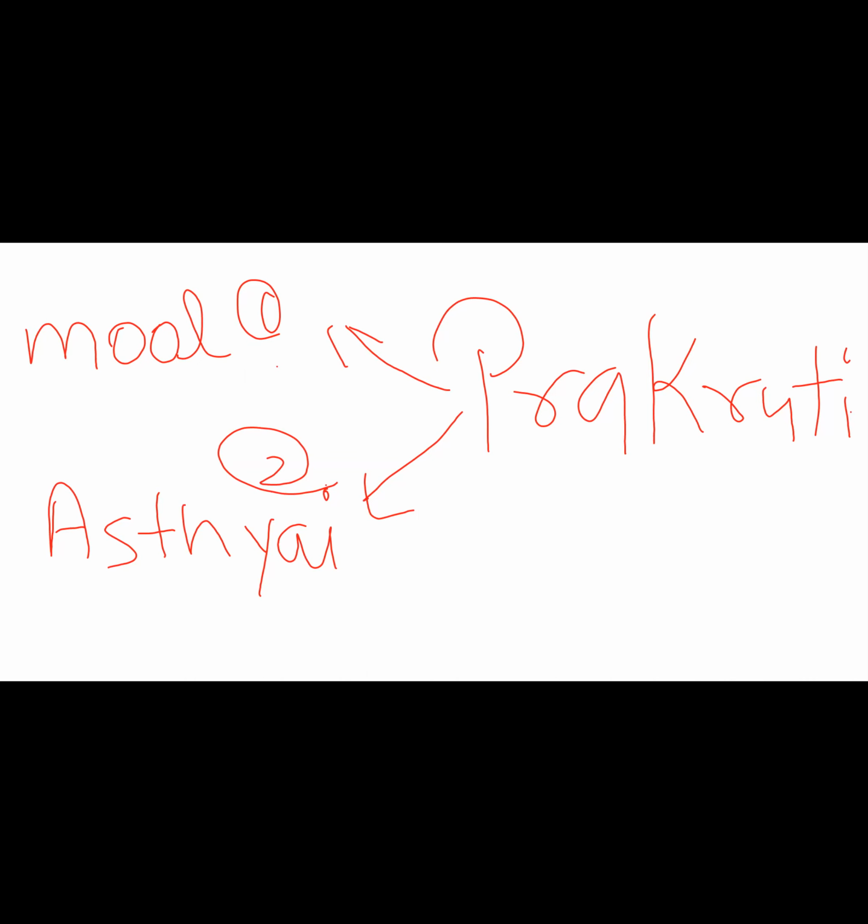If you're living in a cold climate, you have a different kind of skin and different color of hair and body. So it depends on what kind of climate you are living in, and on your father, mother and ancestors. These factors count in making your Moola Prakriti, which you are born with and which you cannot change.